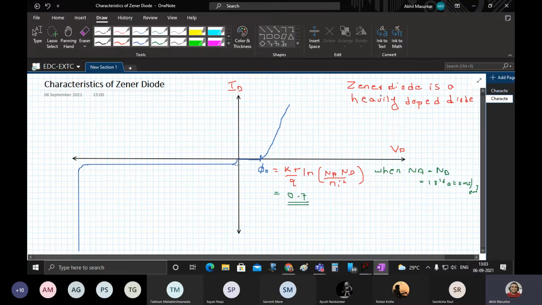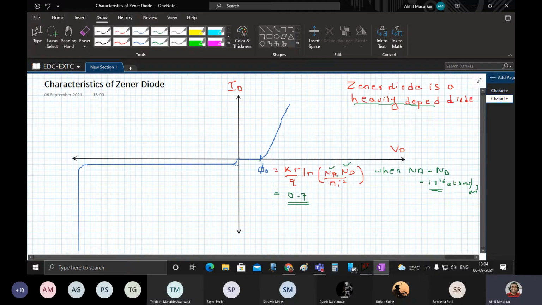Now we say Zener diode is a heavily doped diode. Heavily doped diode means this Na and Nd are going to be slightly higher. Initially it was 10 raised to 16, now it might be in the range of something like 10 raised to 18.